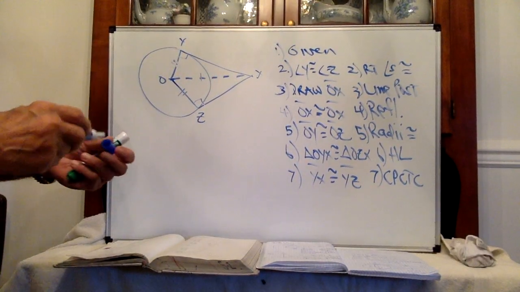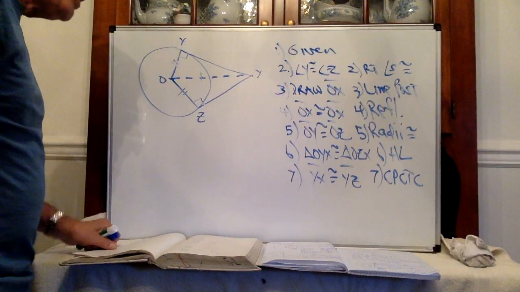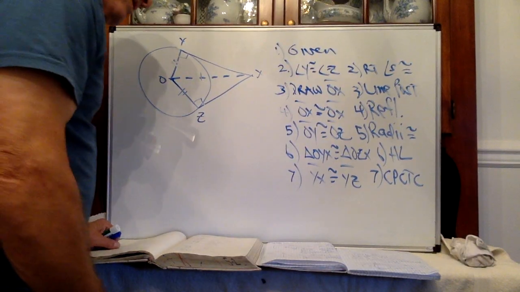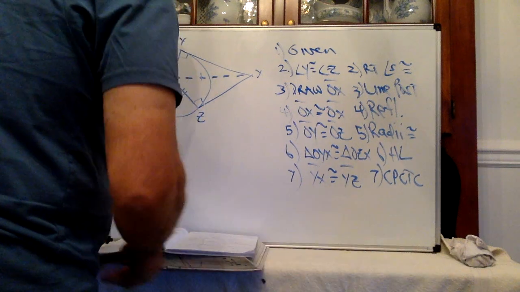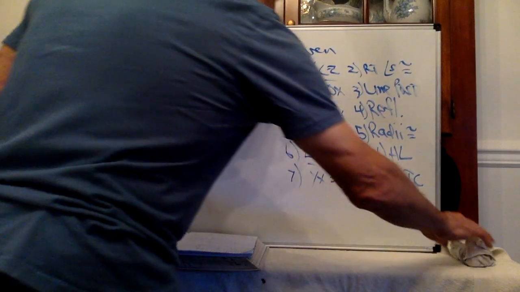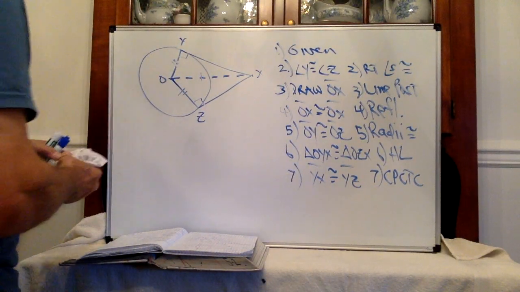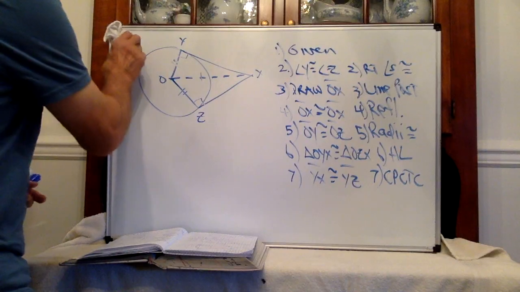Once you get triangles congruent, then all corresponding parts of one are congruent to all corresponding parts of the other. That's number 3. Okay, hopefully you followed along with that one.